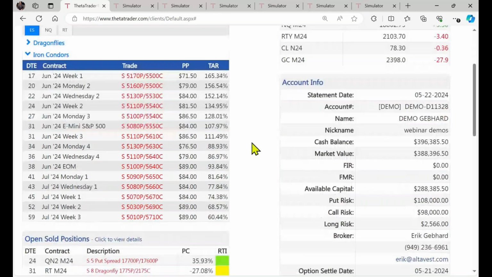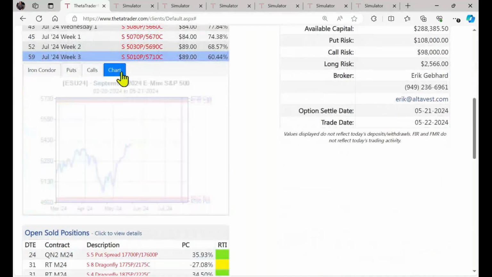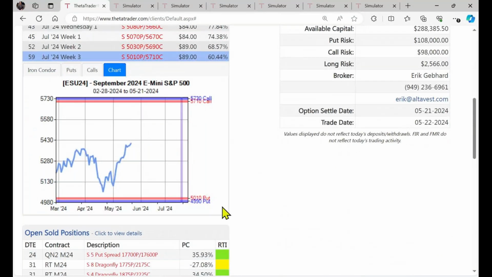So here's the July week 3. This is what it looks like on the graph, sort of a helicopter view. Here's the current market price, and you're selling these 5710 calls and 5010 puts.